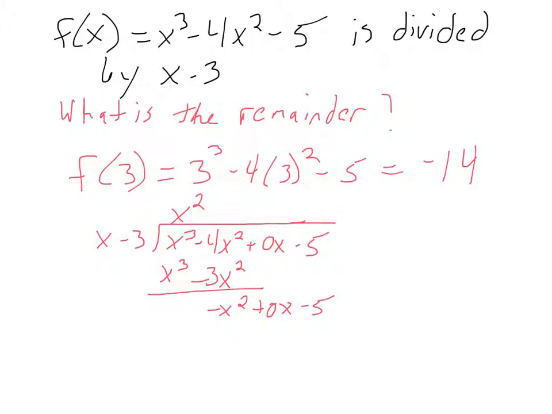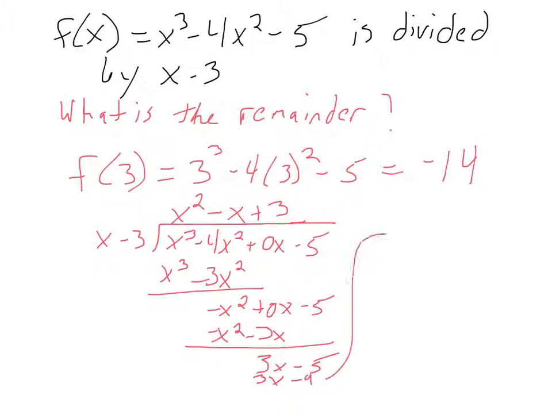And then to get it to go into negative x squared, we multiply by negative x, minus 3x. So if we subtract negative 3x, we get positive 3x. We drop down the negative 5. Then lastly, we have to multiply the whole thing by 3 to get it to go into 3x minus 5. And we end up with negative 5 minus negative 9. We're adding 9, which is really going to give us 4.